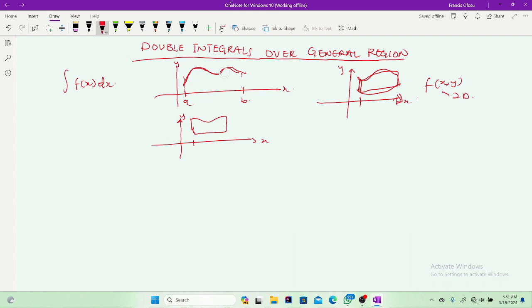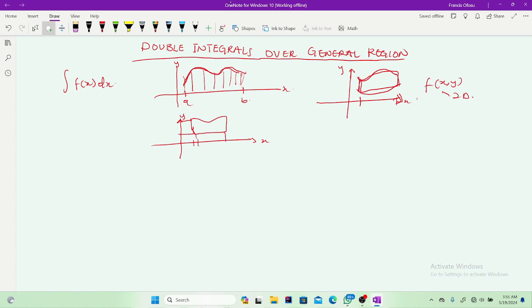So if you want to find the integral over the region a to b, it's simply finding the sum of all the pieces of this function over this interval. But in this case, we want to fully find the area. And since it's a two-dimensional shape, it has this dimension and it has this dimension.